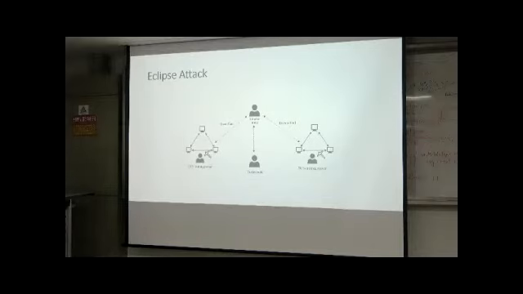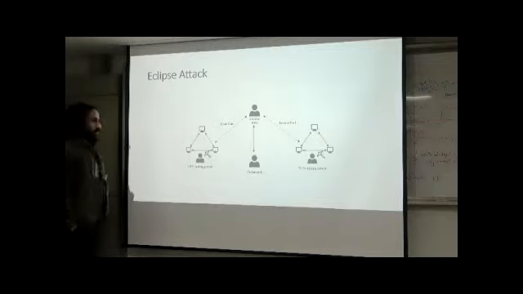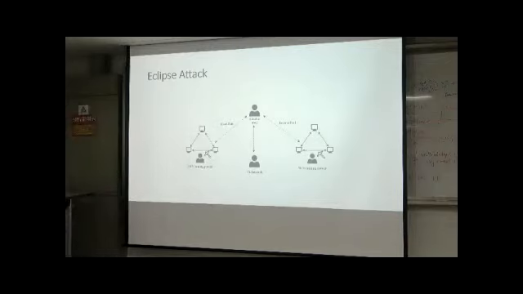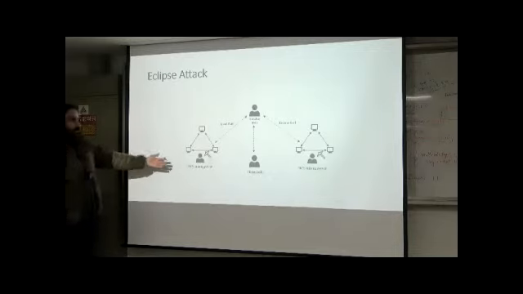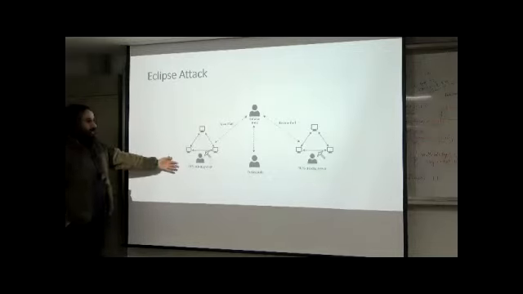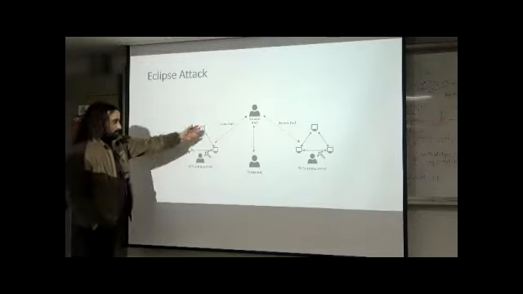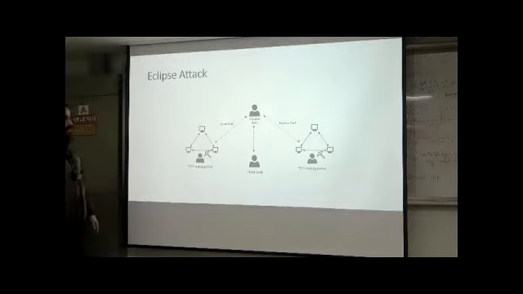Also here, how can the attacker node isolate the victim node? It's by the mining power. So in this example, we don't need to take 51% mining power. All we need is just 30%, and sometimes we need just 20% or 10% of mining power to isolate the victim node from the network in total.